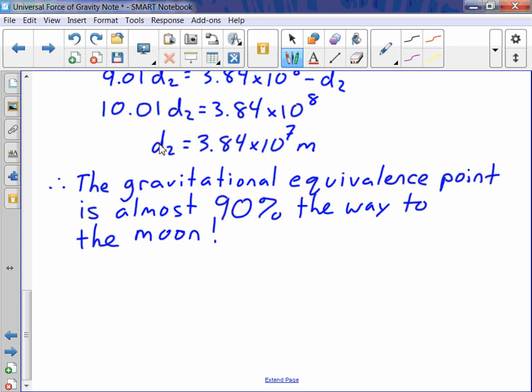Wait, I'm confused. What's D2 supposed to be? D2 and D1. I guess the way I've got it drawn here, I'd have to look back at the math. I must have missed a negative at some point, but that's the right answer. So this would be D2.